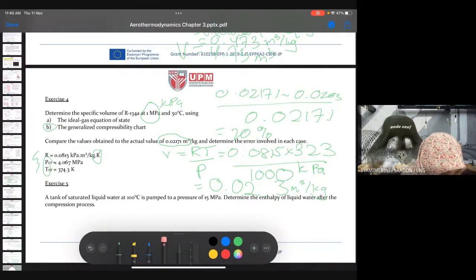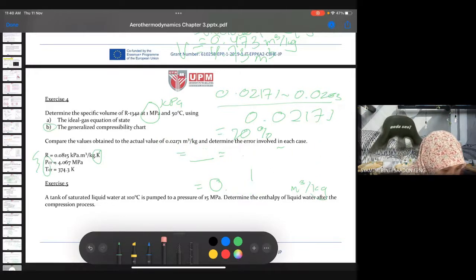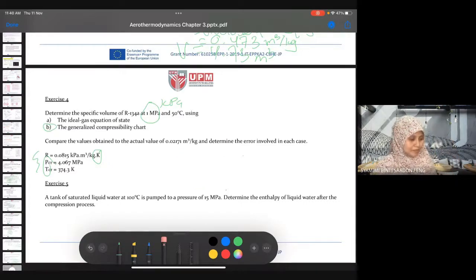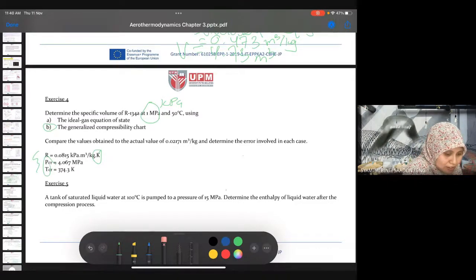So from the values of the table, we can read this value from table A1. 374 and 4.067 or 4.059, depends.